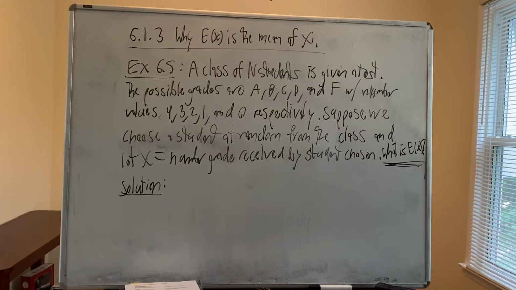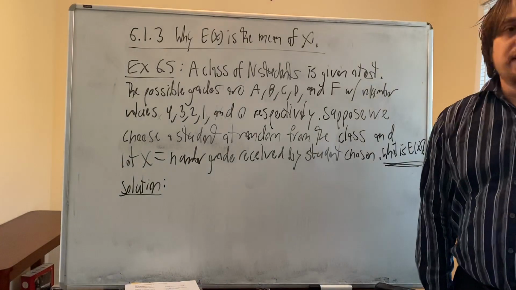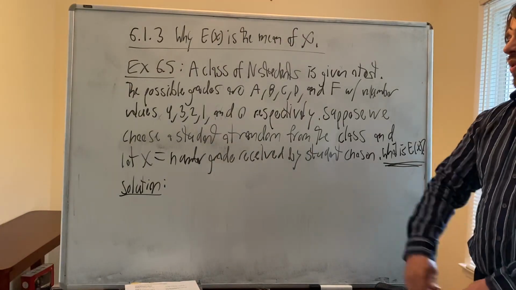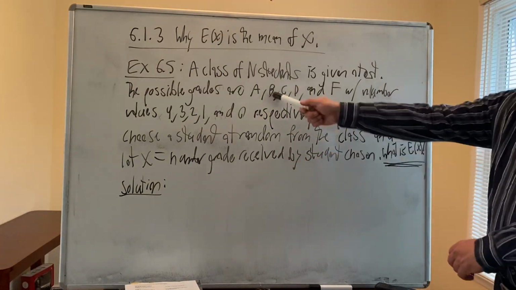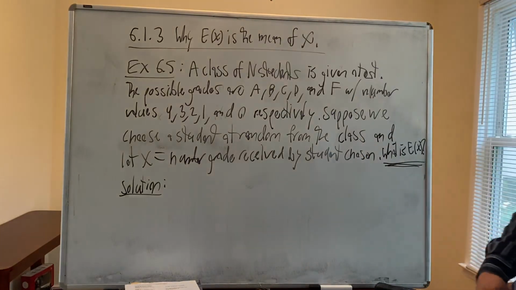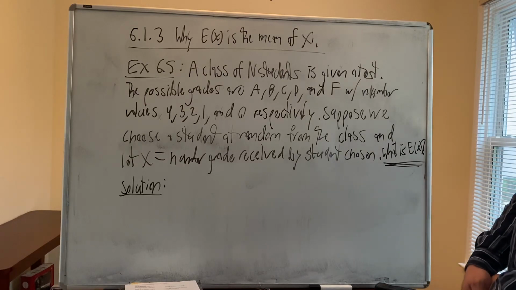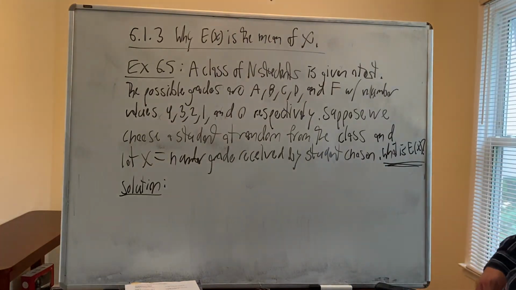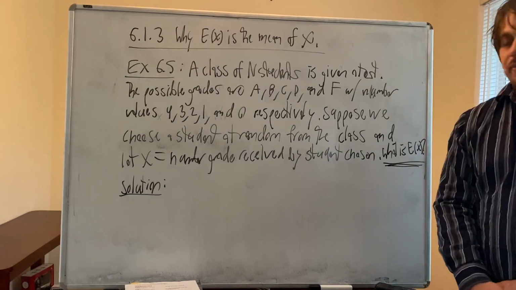The possible grades are A, B, C, D, and F, with number values 4, 3, 2, 1, and 0, respectively. So A is a 4, B is a 3, C is a 2, D is a 1, and F is a 0. Suppose we choose a student at random from the class and let capital X equal the number grade received by the student chosen. What is capital E of X?